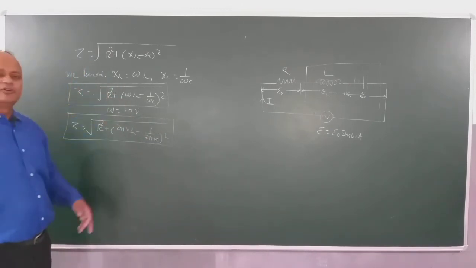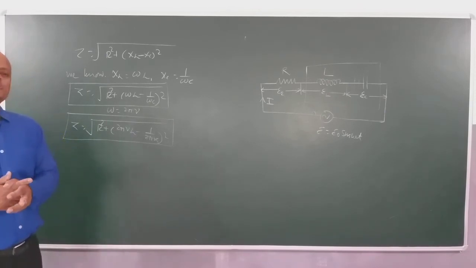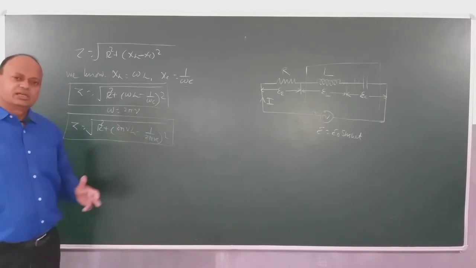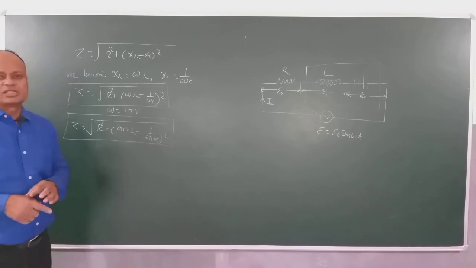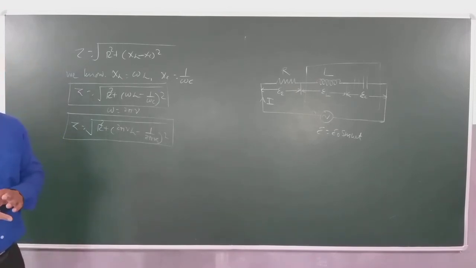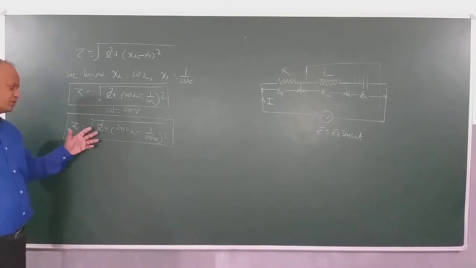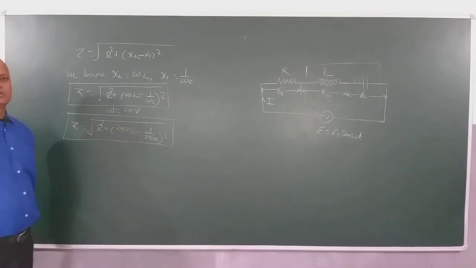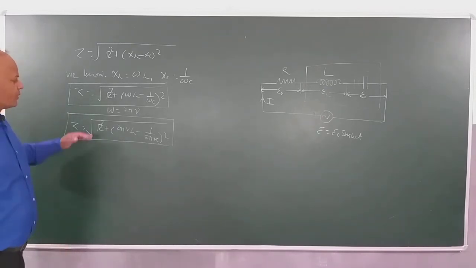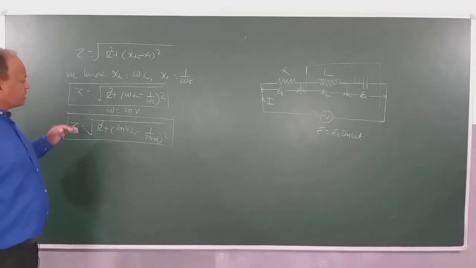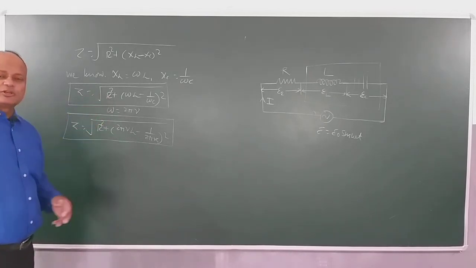So all these are formulas that we can easily use for calculating the impedance of the circuit in terms of frequency, if frequency is given to us. Clear? And this is very easy in fact.